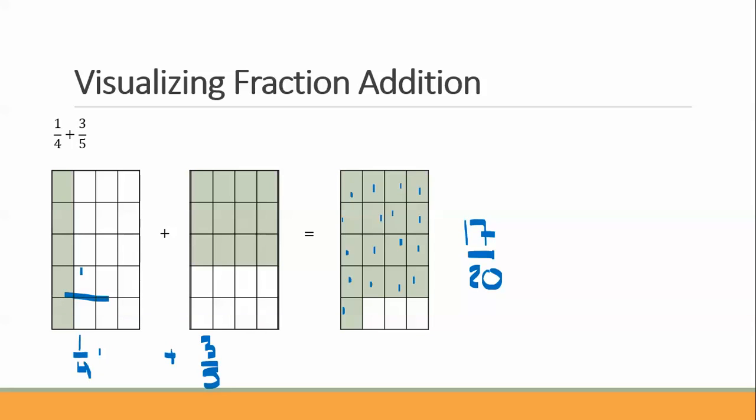Remember, we had 5 divisions. So the divisions got divided into 5. And notice even the numerator, the 1, this was 1 whole before, that also got divided into 5.